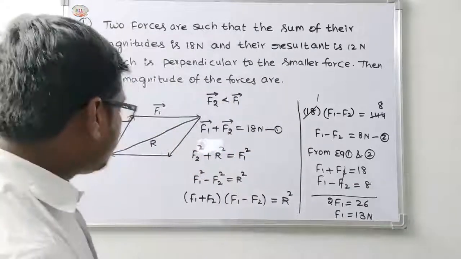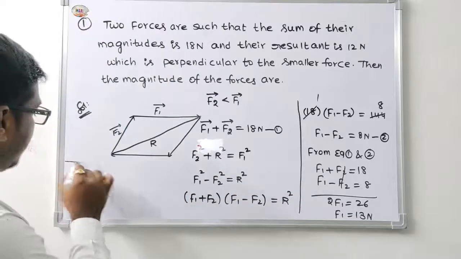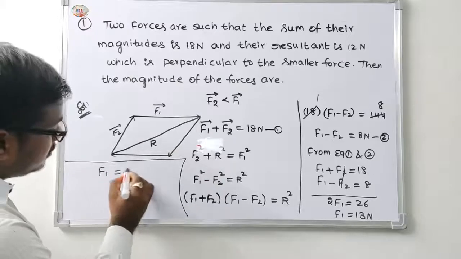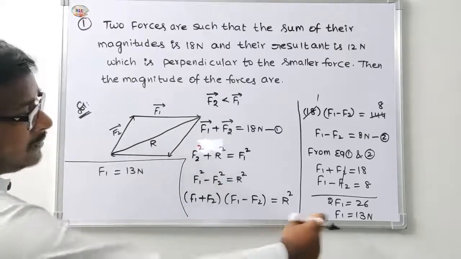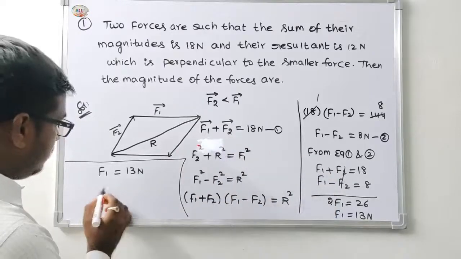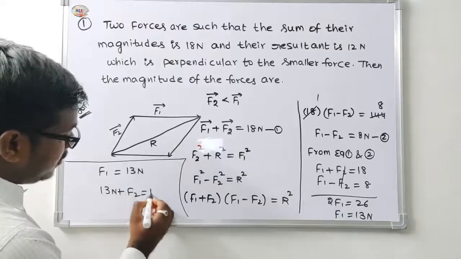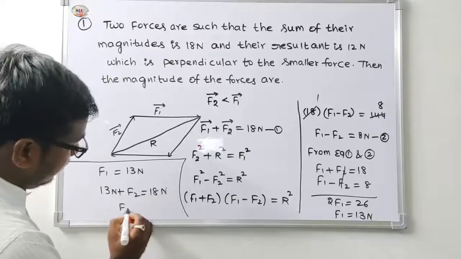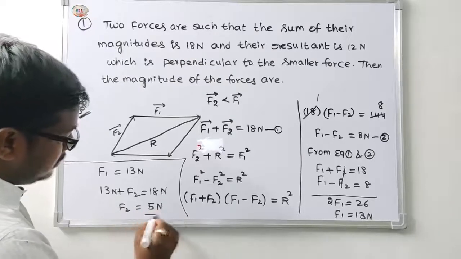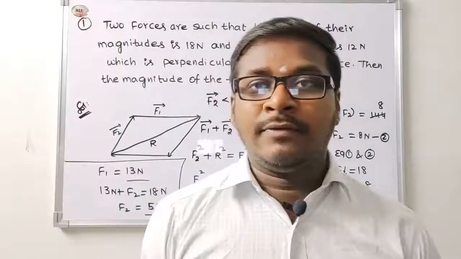The F1 value is substituted in the first equation: 13 Newton plus F2 is equal to 18 Newton. Then F2 is equal to 18 minus 13, 5 Newton. This is the answer. Very simple problem.